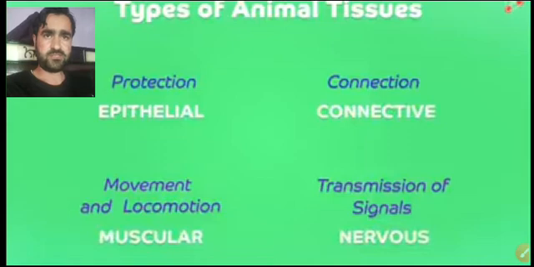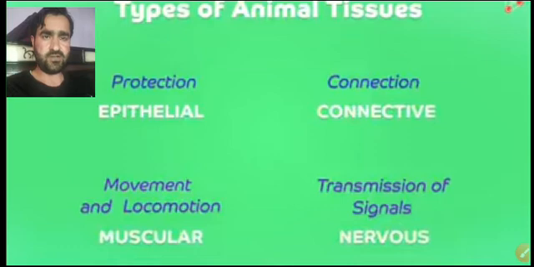In the previous lecture we discussed epithelial tissue. As the name suggests, epithelial, or epi, means above. It largely protects the various organs of the animal body. That is why the cells are very tightly held together and there is very little cementing material between the cells.